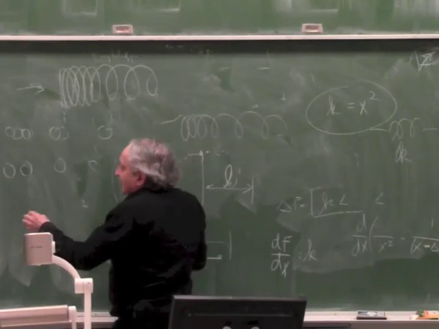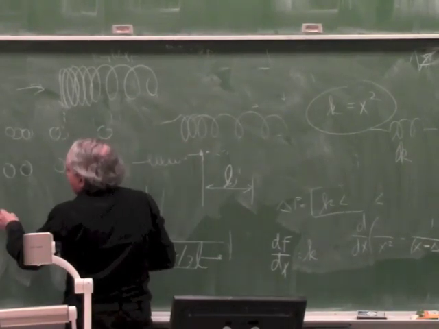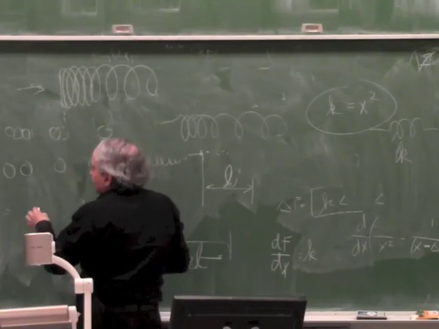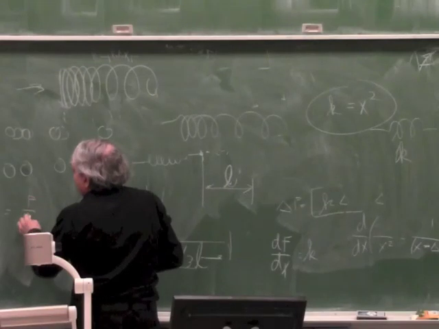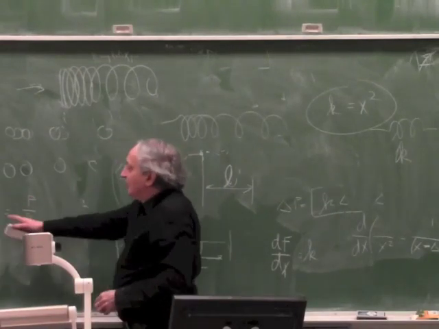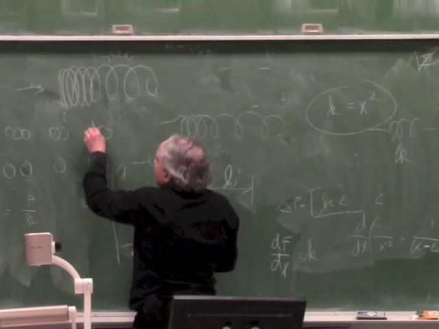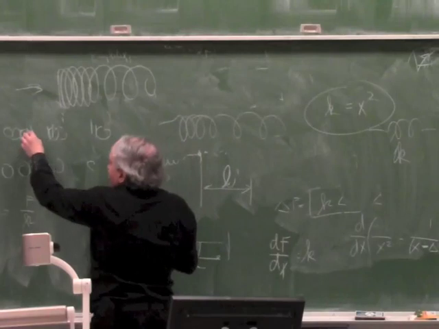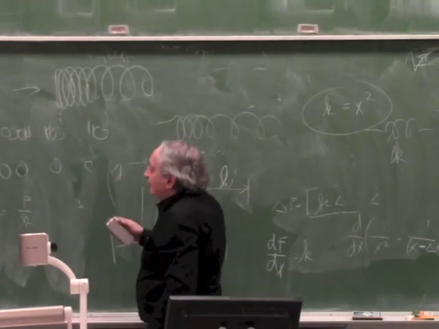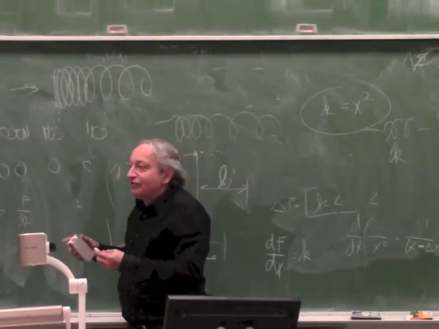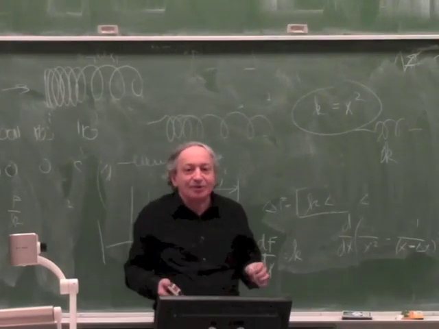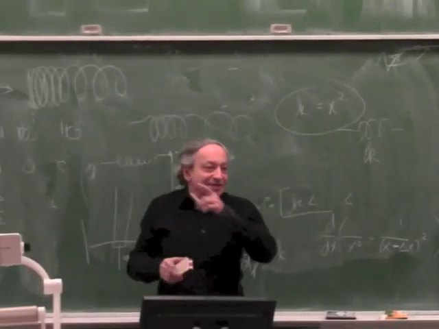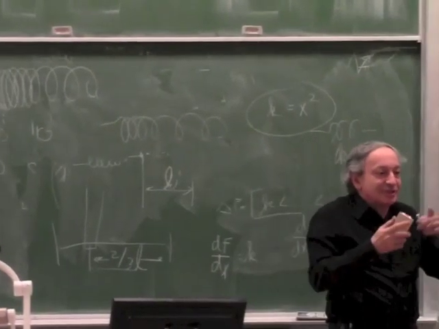Remember, the total x is force divided by k. The total x is made up of little delta x's, each turn gives a little delta x. But if you have fewer turns, you need a bigger force for the same deflection. So the simplest way to make a nonlinear spring is to use a compression spring wound with 1 over x or 1 over x squared spacing.